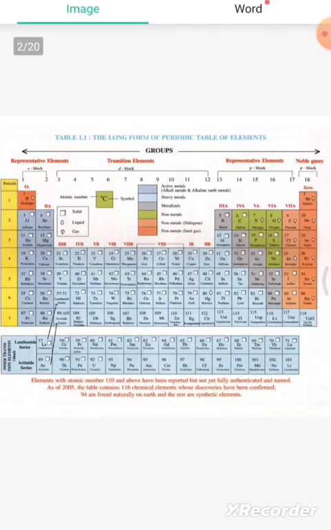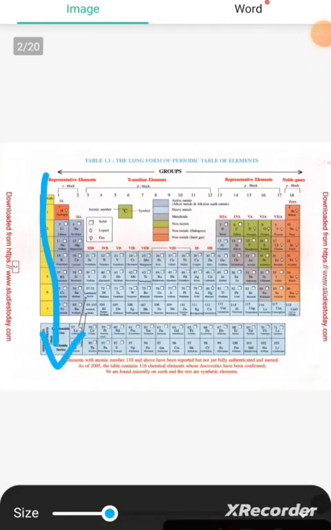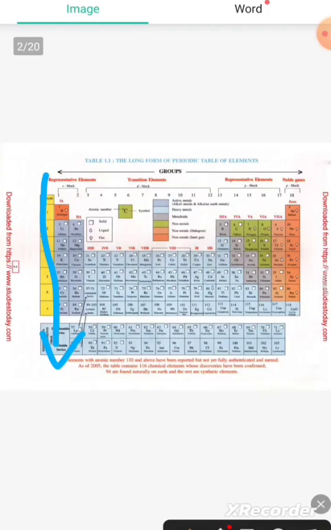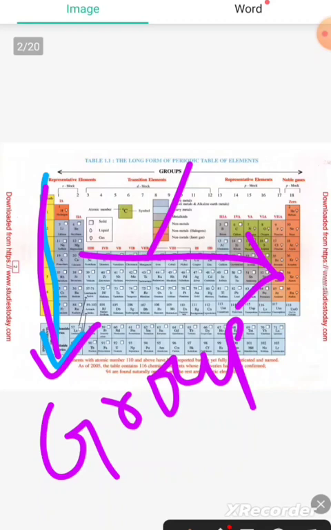And some other facts you should know about the periodic table, which you have already read before. So what is period and what is group? This vertical one is called your group, and your horizontal rows are called your period.